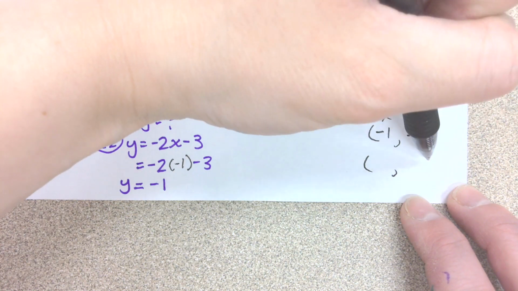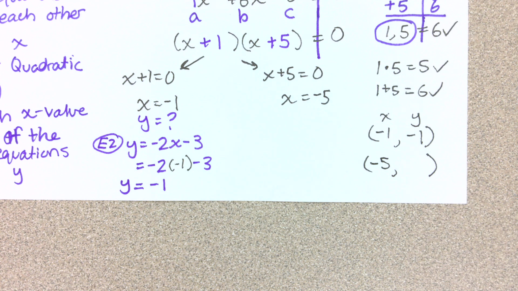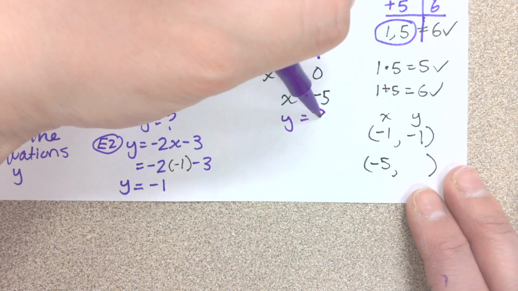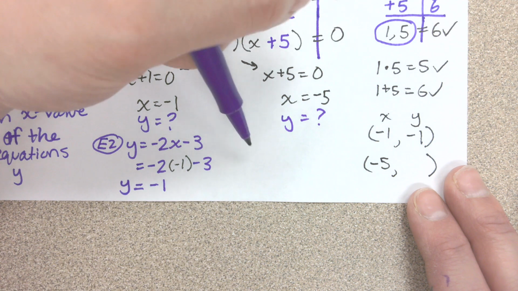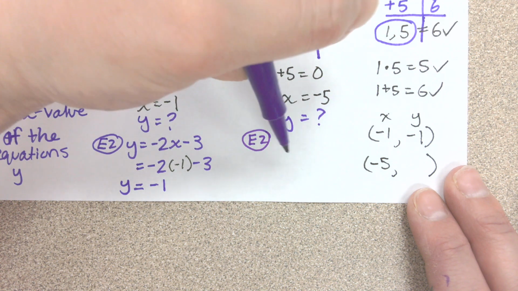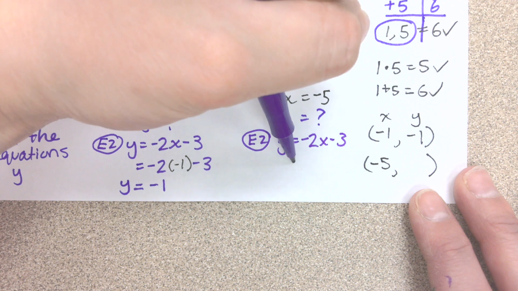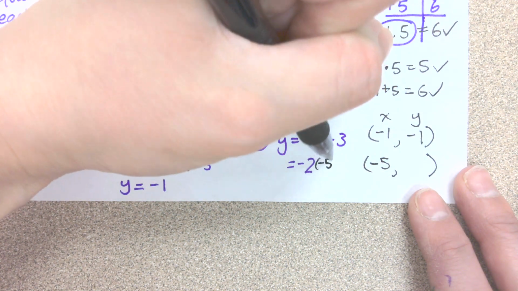And I'll have a second point. My other x value is -5. And then we'll figure out what its y value is. Once again, I'll be using E2. This time I'm plugging in -5 for the x value.